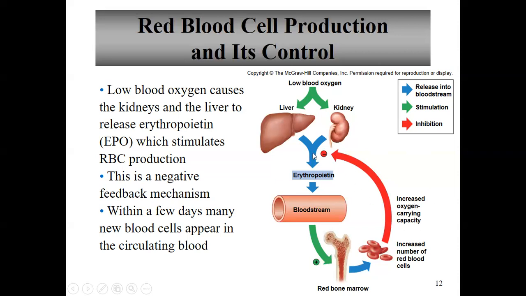And that will stop the production of erythropoietin because you no longer have this problem. So this is negative feedback because the product of this feedback loop will eventually cause the stopping of the feedback loop. Within a few days, many new red blood cells will appear as circulating blood, and that's what this is.